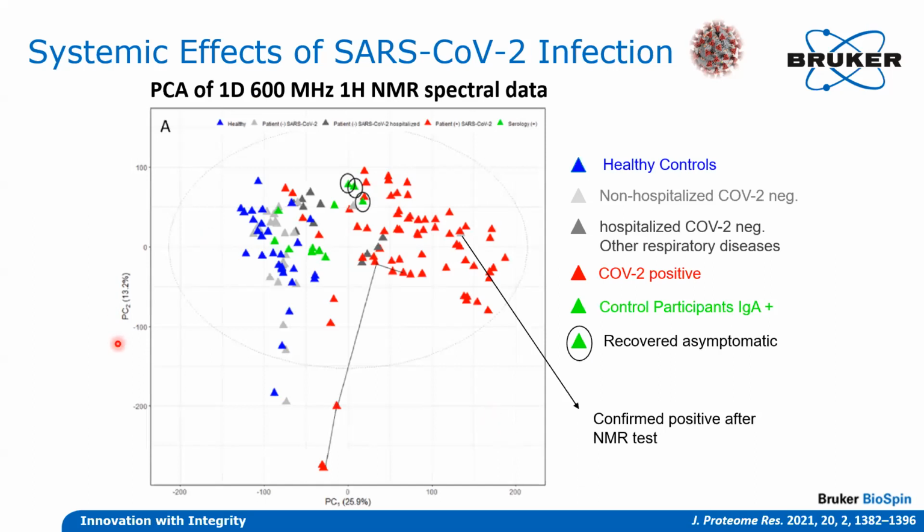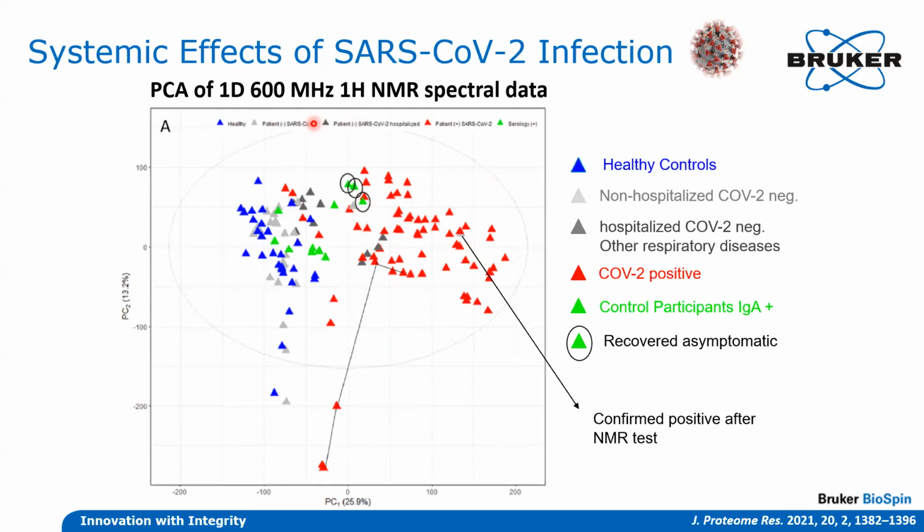So this is one of the results to show the overall group. We have this healthy control group, and this is the patients group. This is a PCA from the 1D result obtained from the 600 megahertz NMR instrument. So consider the PCA model of the 1D spectra data set.